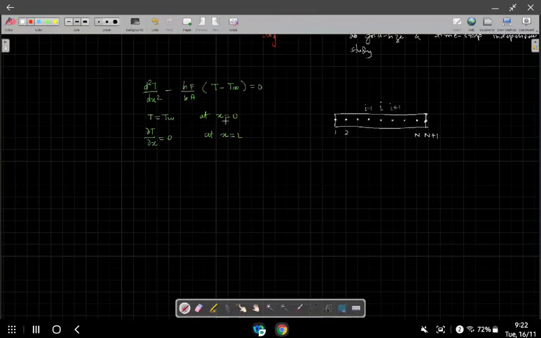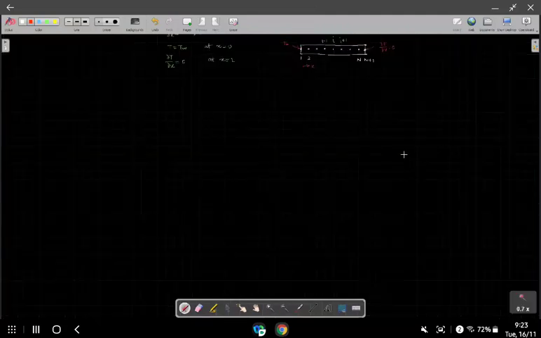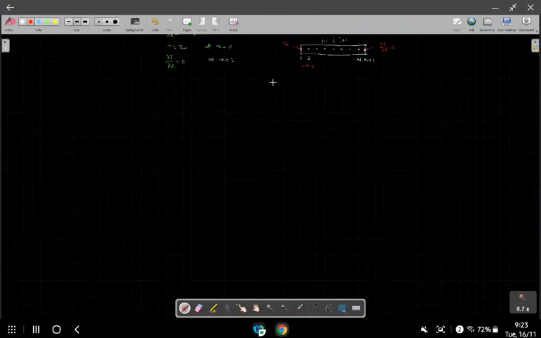According to this problem, at x is equals to 0, you have been given a value of temperature, that is Tw. And the question is, find out T2, T3.